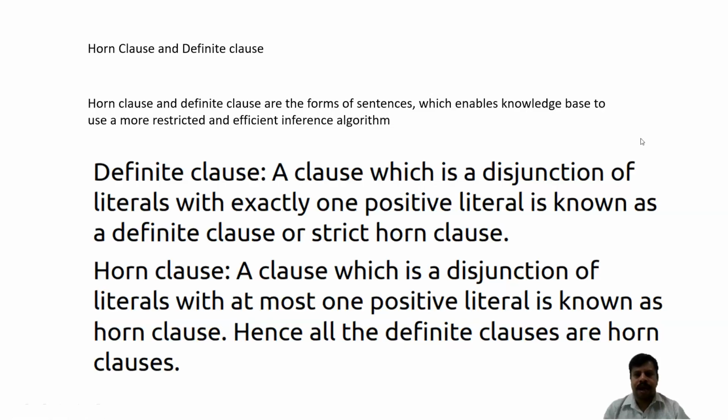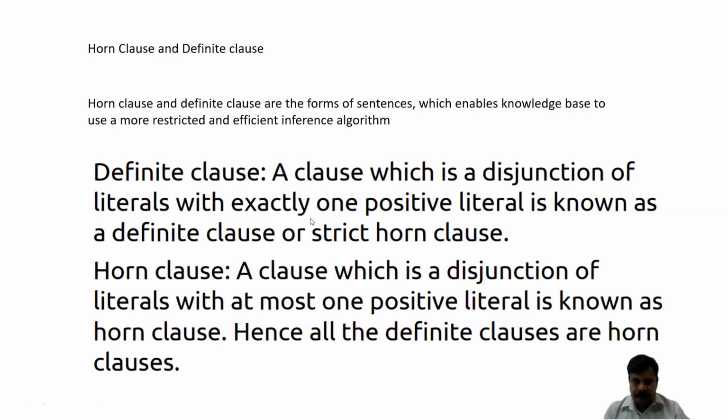A definite clause is a clause which is a disjunction of literals with exactly one positive literal, also known as a strict Horn clause. A Horn clause is a clause which is a disjunction of literals with at most one positive literal.